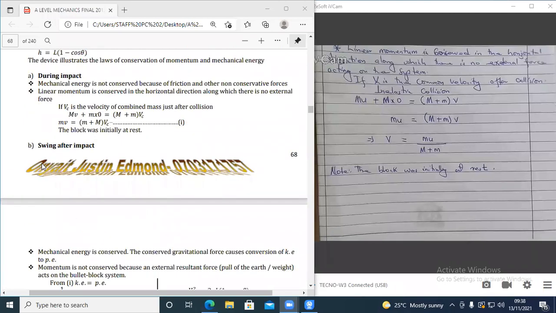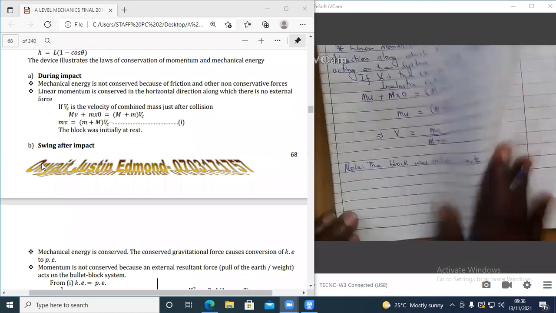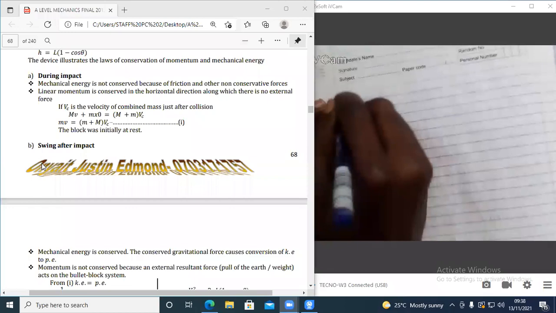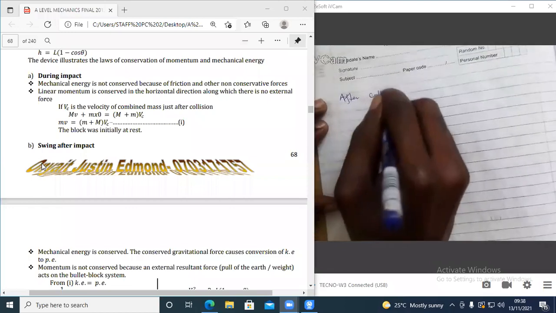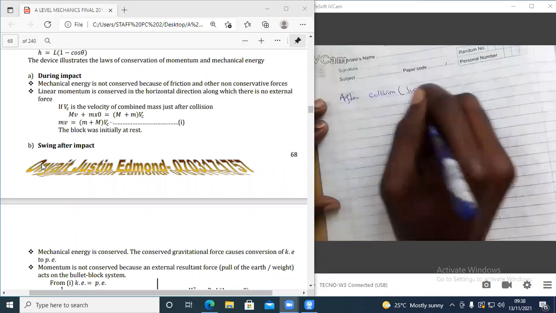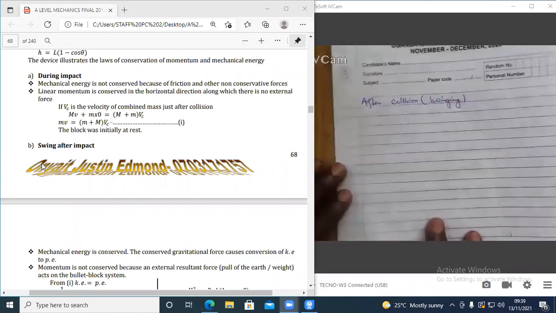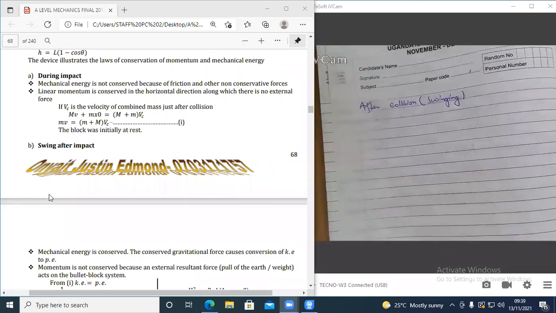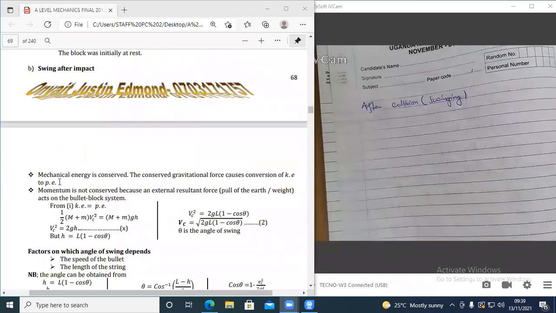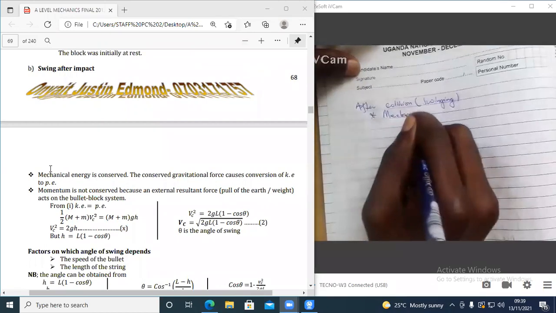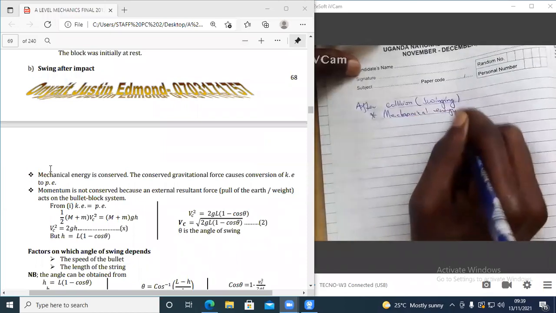What about in the process of swinging? What happens? We have seen during, and what about after collision? When it's swinging now, mechanical energy is conserved.